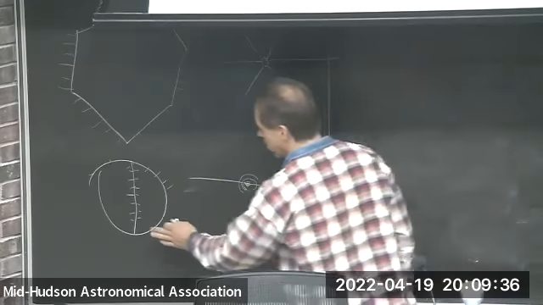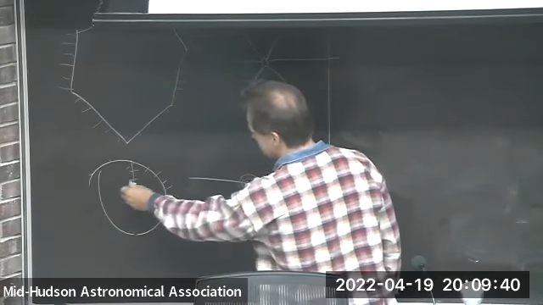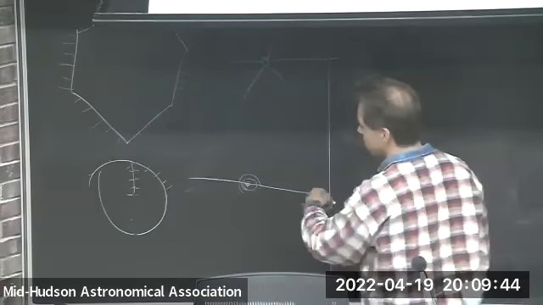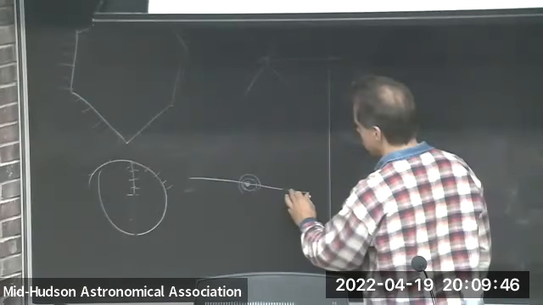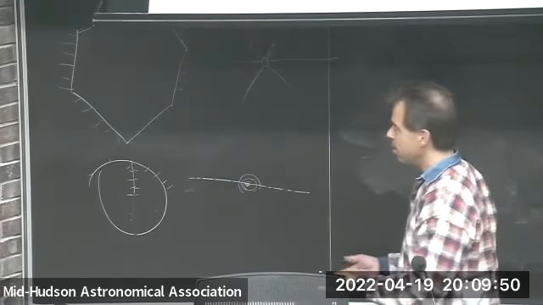If it's only halfway across, you still have the same thing. You have diffraction spikes going off both sides. They're half as strong, but you still get the same effect.